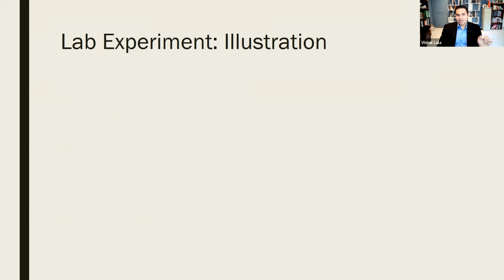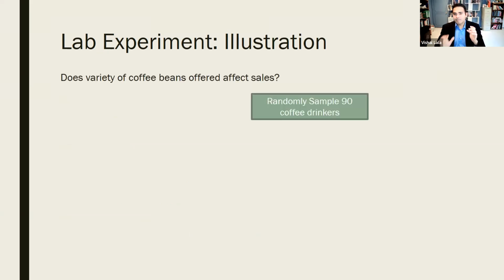Let's take a look at an illustration then of how one could conduct a lab experiment to examine the effect of a variety of coffee beans on sales. Let's imagine we decide to create a random sample of 90 coffee drinkers by randomly choosing people from a large, let's say, population or sampling frame of coffee drinkers.